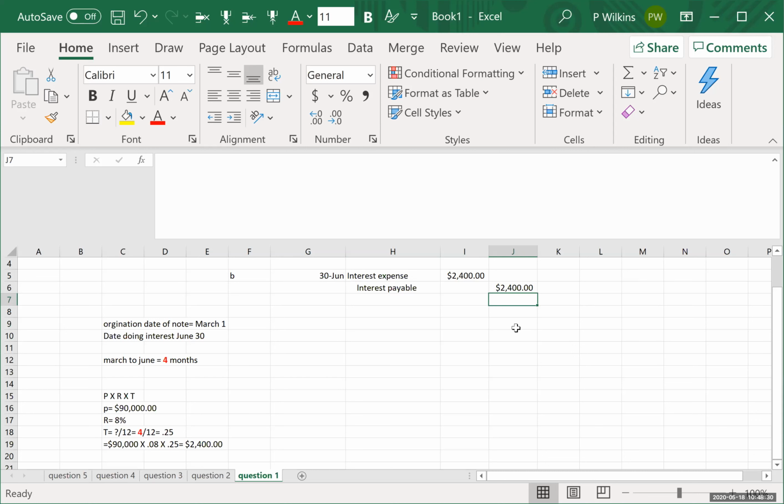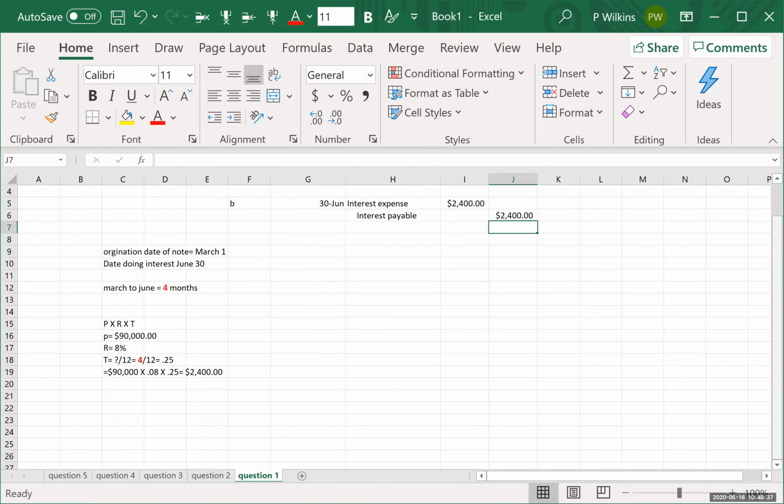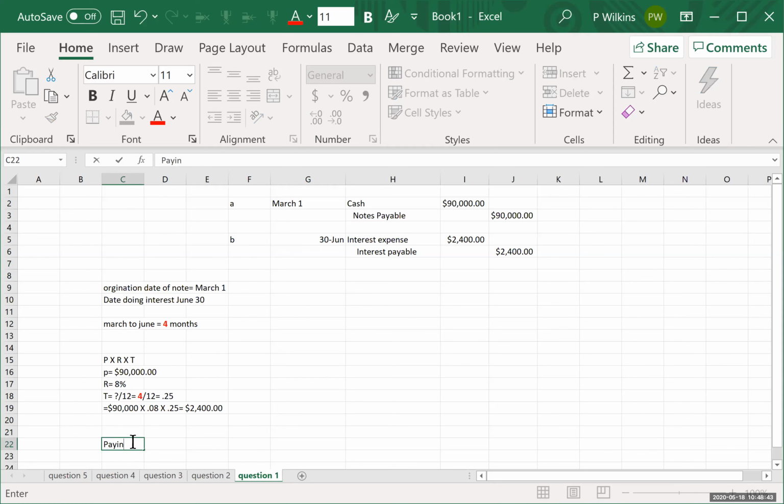And then C, prepare the entry to record payment of the note at maturity. Whenever you're paying off a note, the first thing you ask yourself is, is the interest current? So go from the last time interest was done to the date of payment.